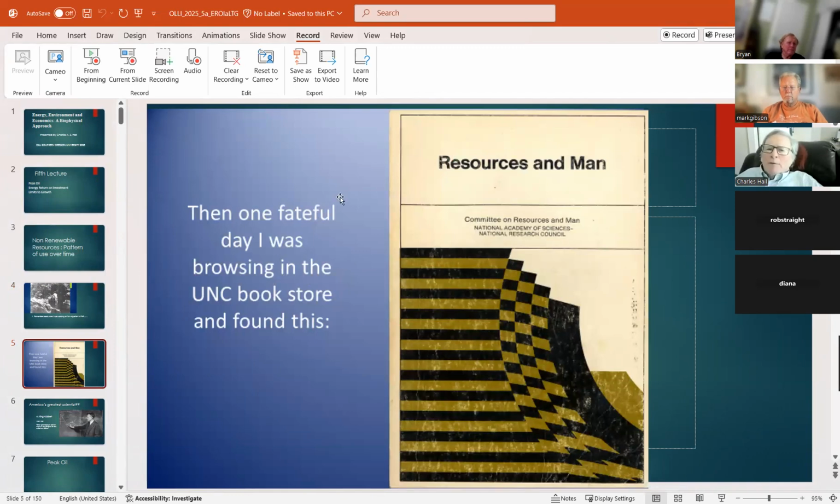Then one fateful day, I was browsing in the bookstore at UNC and found this book, Resources in Man. It's back when the government used to undertake large studies and pay for it and get all kinds of experts together to discuss issues of great concern for the country.